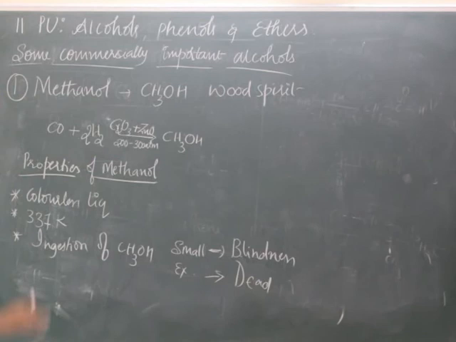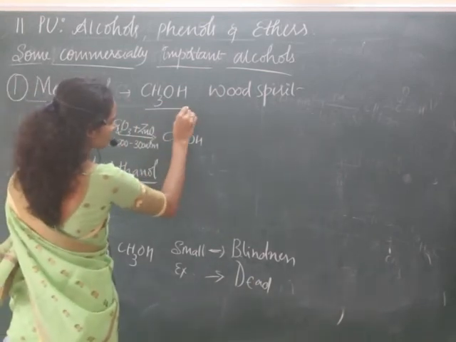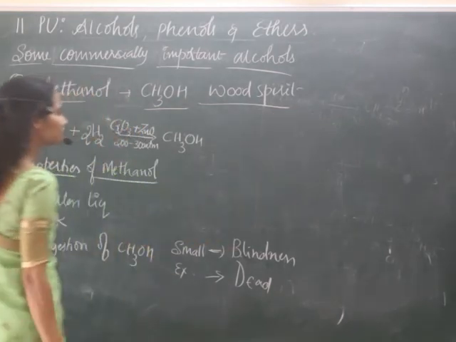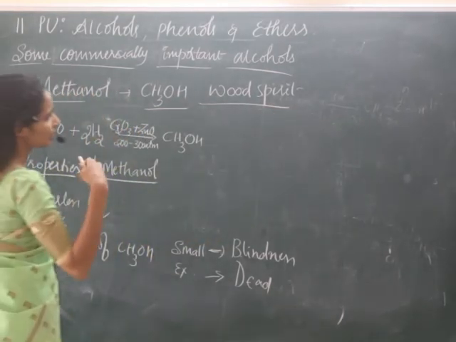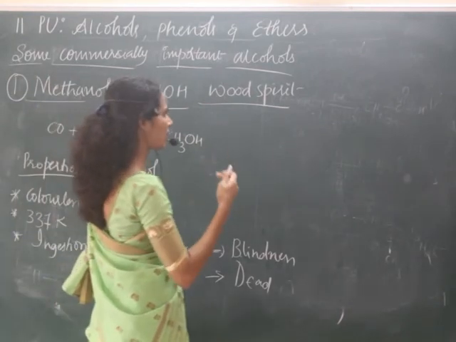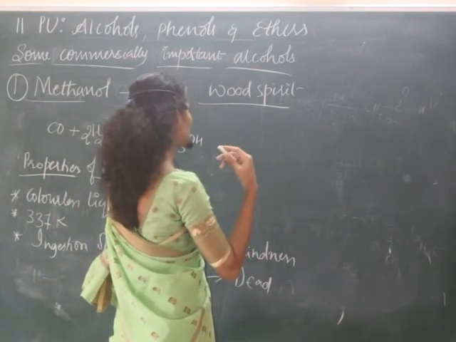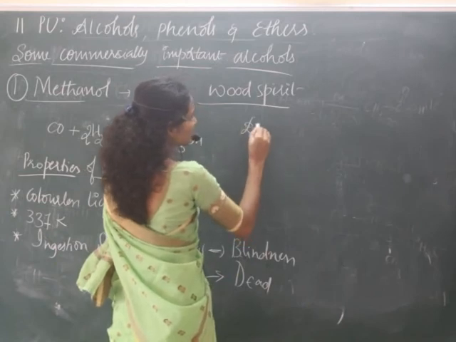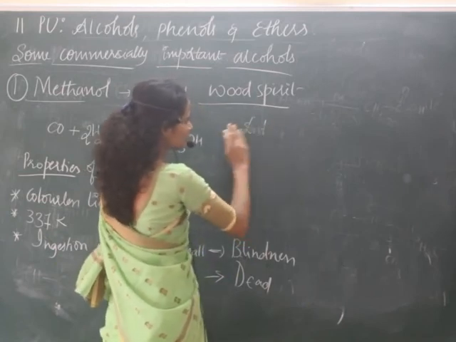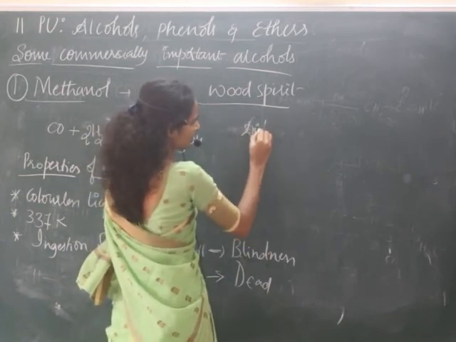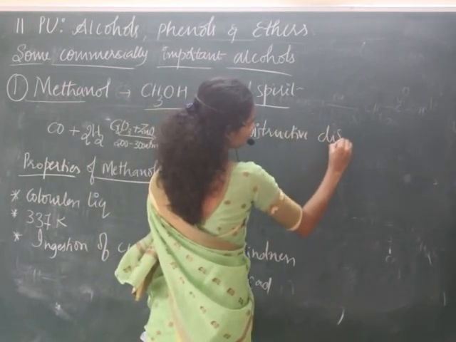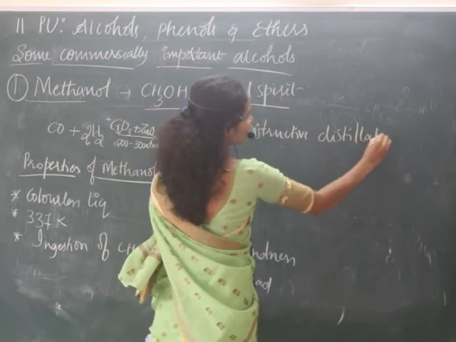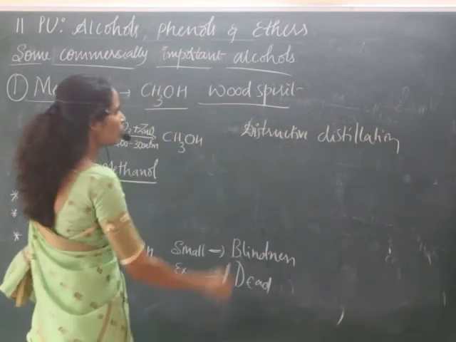So this is about methanol. Methanol has the formula CH3OH. It's also called wood spirit because it was earlier prepared by the destructive distillation of wood.